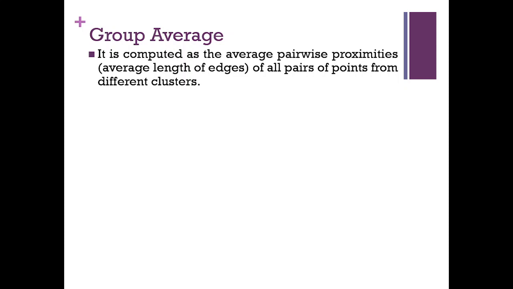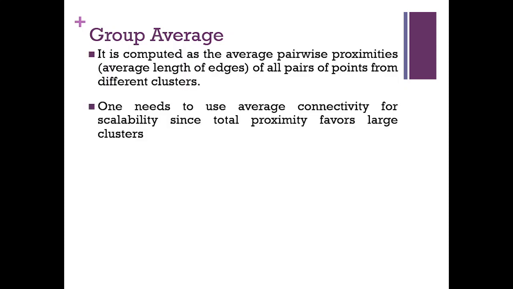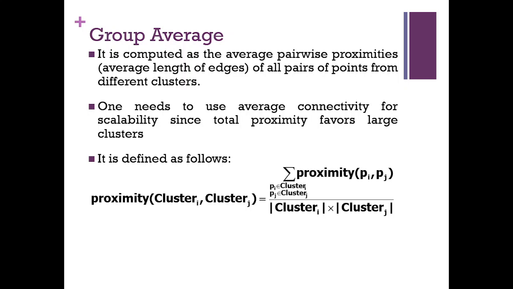Next one is the group average. The group average is computed as the average pairwise proximity of all pairs of points from different clusters. One needs to use average connectivity for scalability, since total proximity favors large clusters.